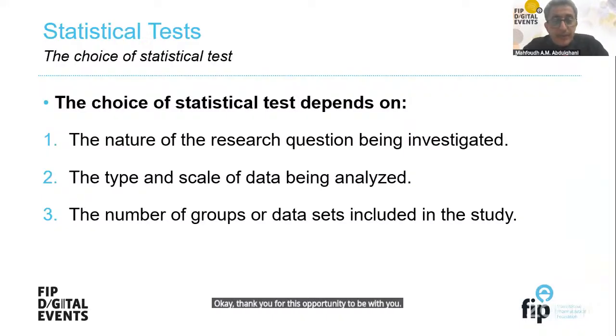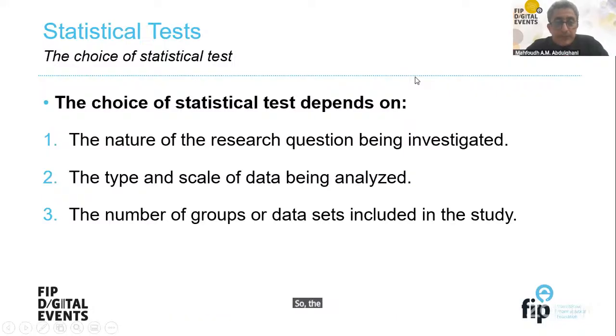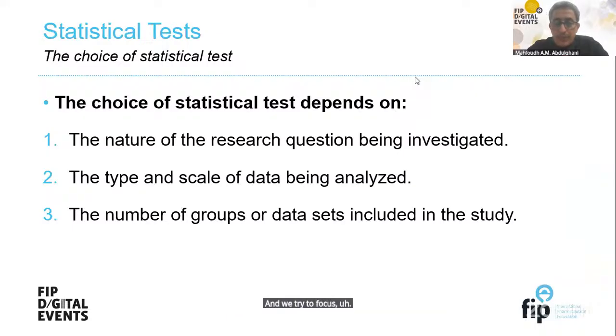It's really very interesting, and we hope that we can have many. So the topic for my session is about choosing the statistical test, and we try to focus on three main points.